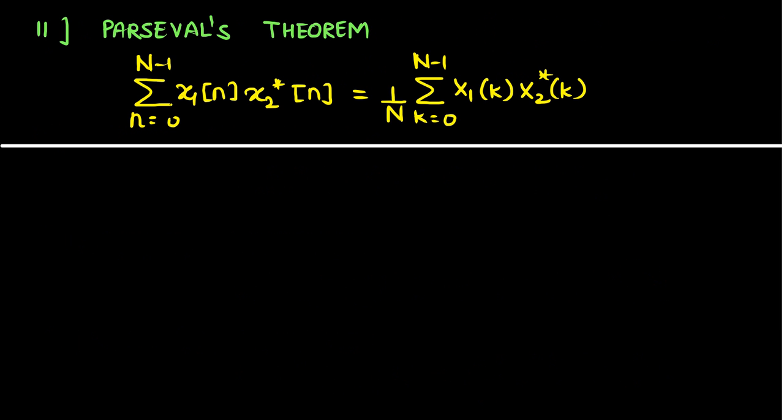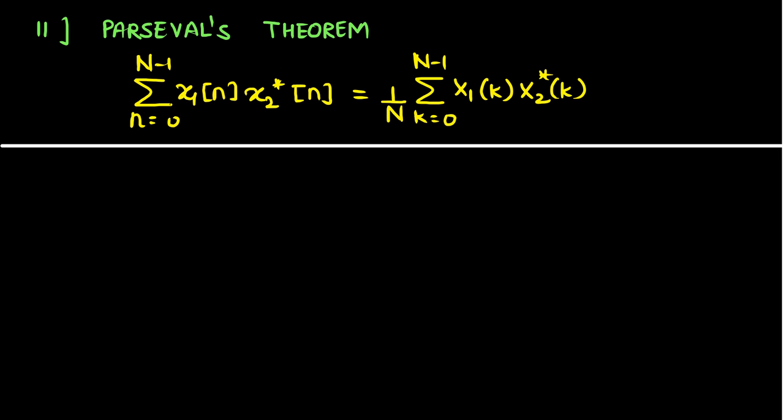And the last thing that we had seen was this Parseval's theorem, which stated that if we have summation n running from 0 to N minus 1 x1 of n into x2 conjugate of n, then we are going to get it as equal to 1 by N summation k running from 0 to N minus 1 x1 of k into x2 conjugate of k.